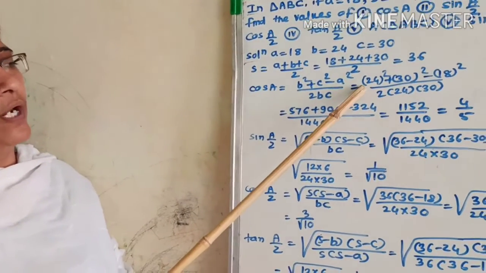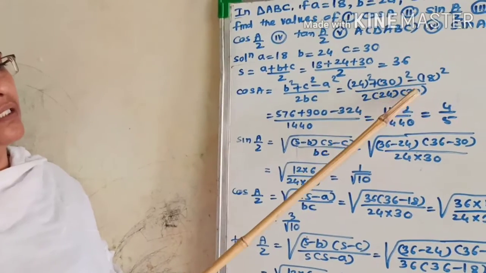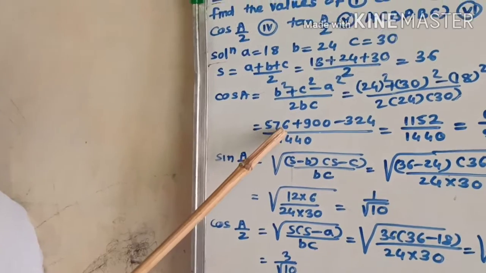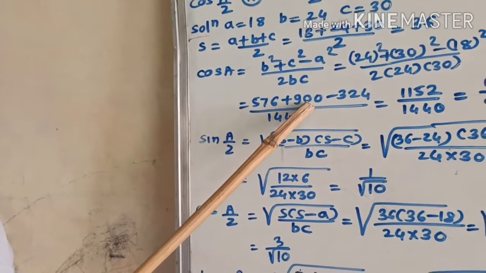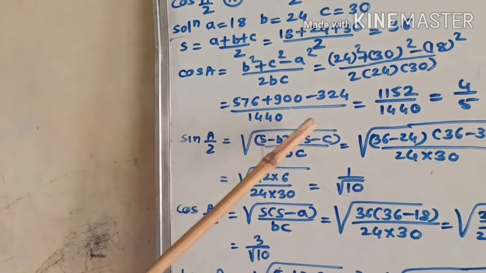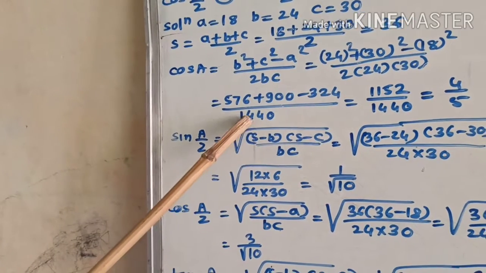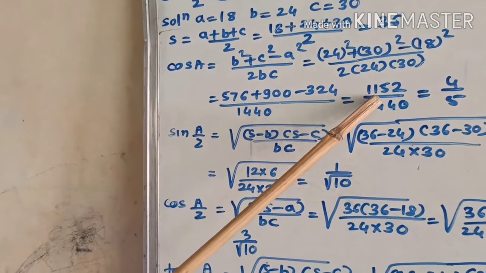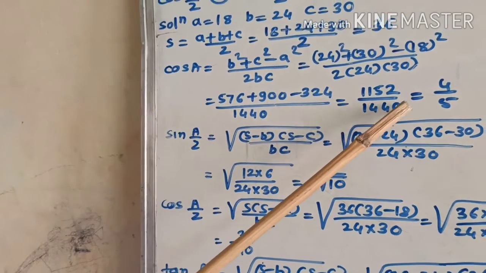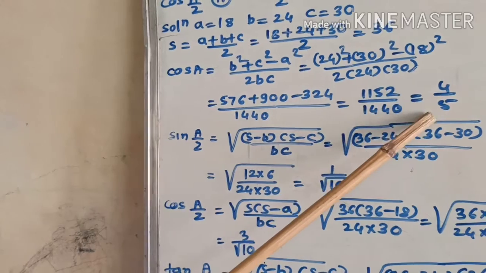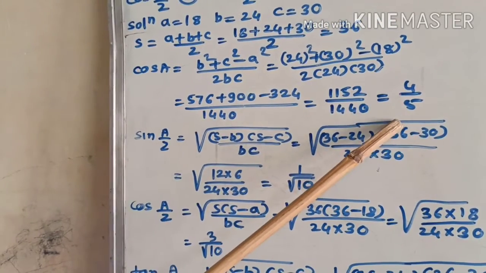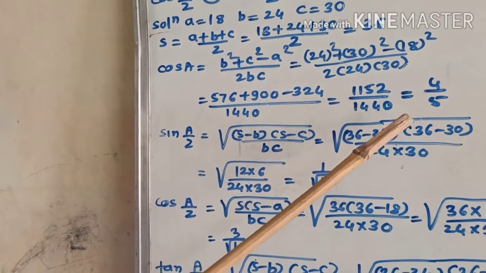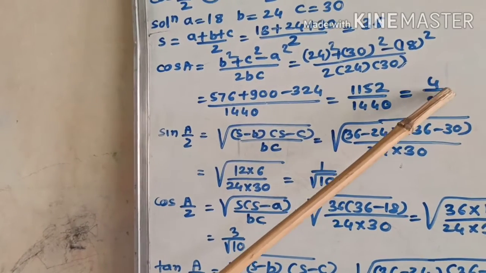The value of b 24, c 30, a 18. 24 square is 576, 30 square is 900, minus 324, and here 1440. So which is equal to 1152 upon 1440. After simplifying we get 4 upon 5.